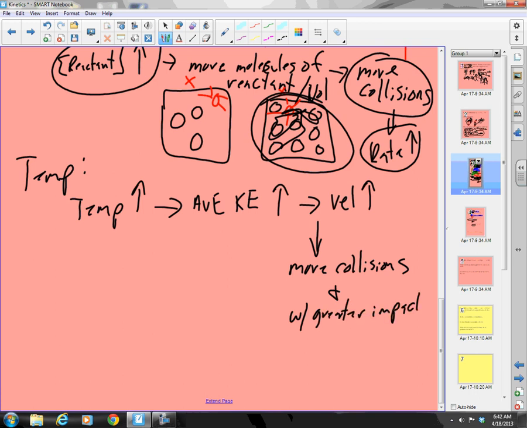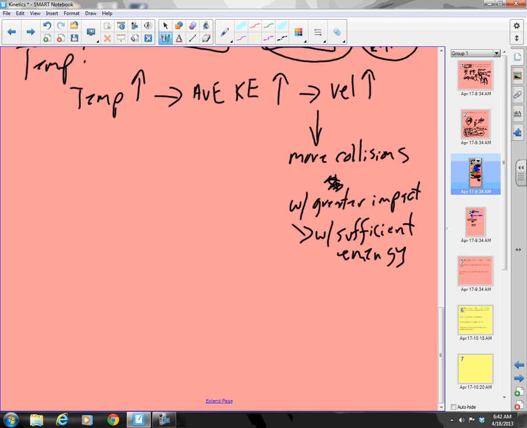Which means more collisions with sufficient energy. So we have more collisions and more collisions with sufficient energy. What does that mean for my rate? My rate will increase. Cool.